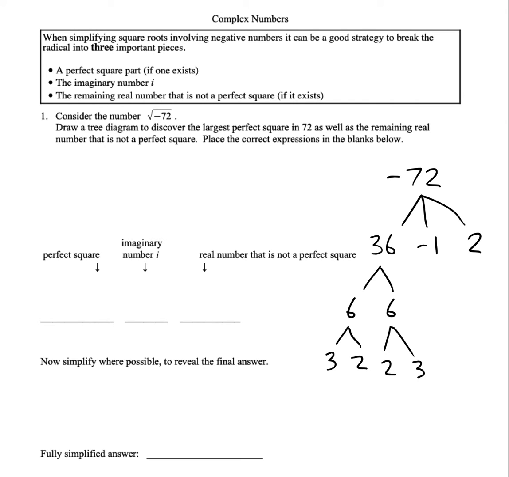Now, what we have here is a few different things. We have pairs of 2's and pairs of 3's. This represents the perfect square inside 72. So we want to put those on the left.